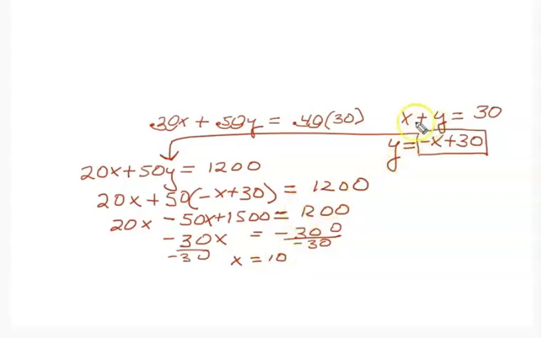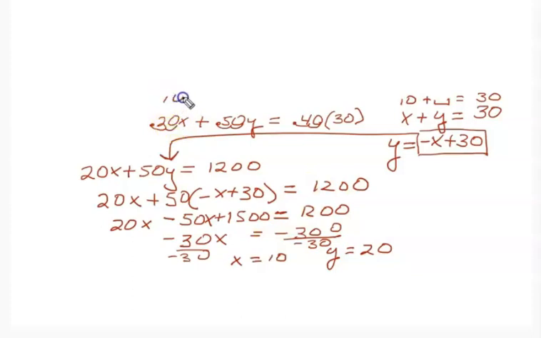Now if x is 10, what will y be? Well, 10 plus 20, and there'd be different ways to do this. So in a sense, we've identified the x then as the 20%.